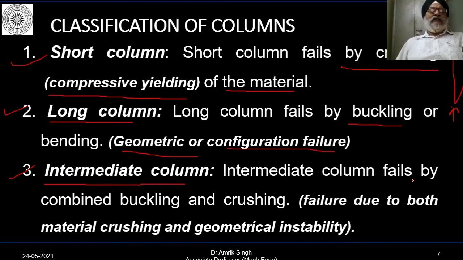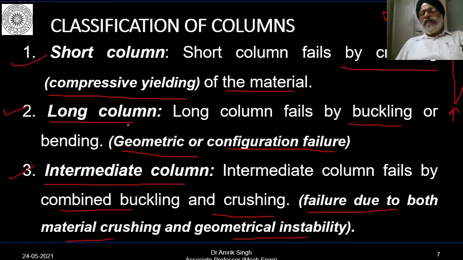An intermediate column fails by the combined action of buckling and crushing. When the length is less, it will fail by crushing. So this is known as a failure due to material crushing and geometrical instability. Intermediate columns lie in between the short and the long columns. We will see the classification as per length in the future slides.